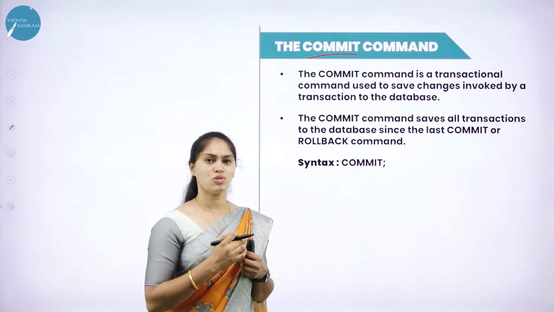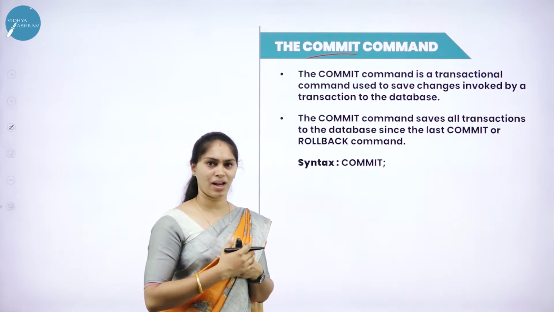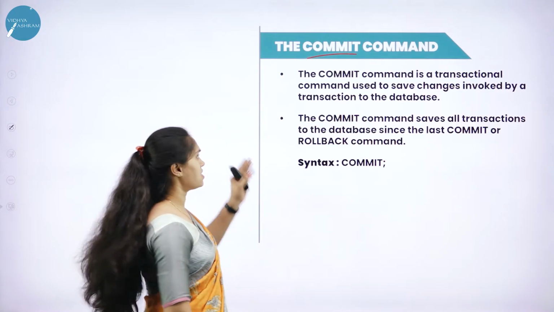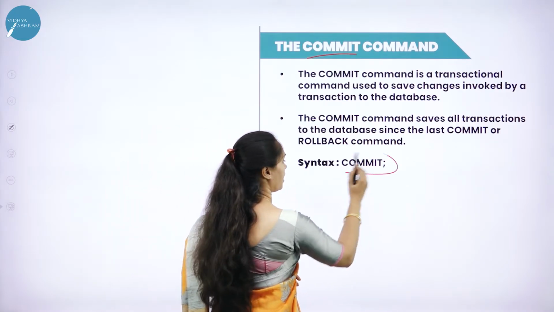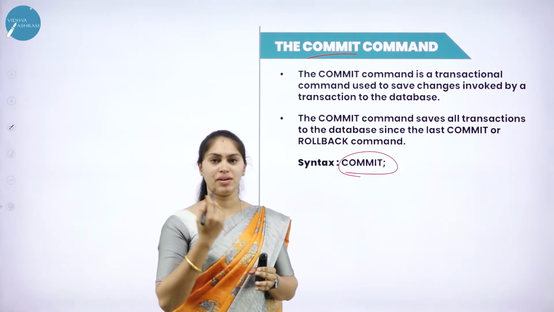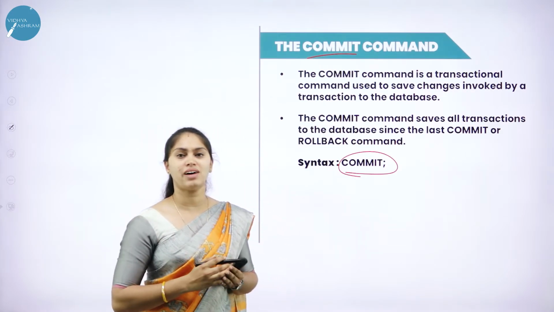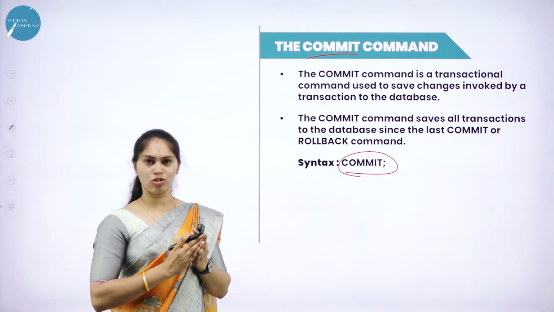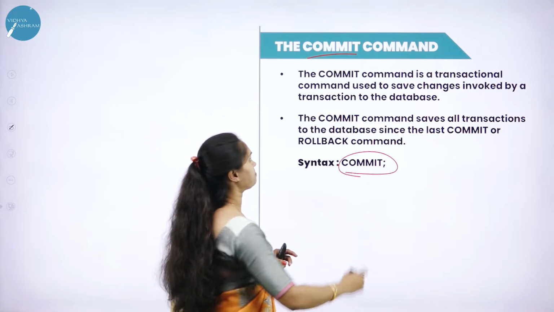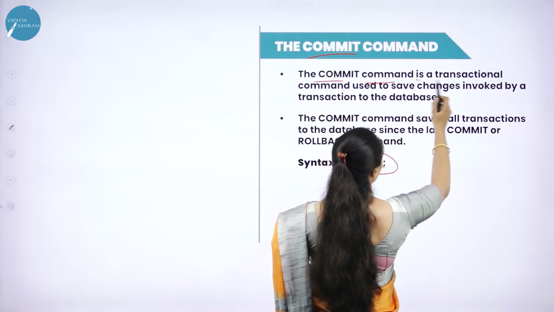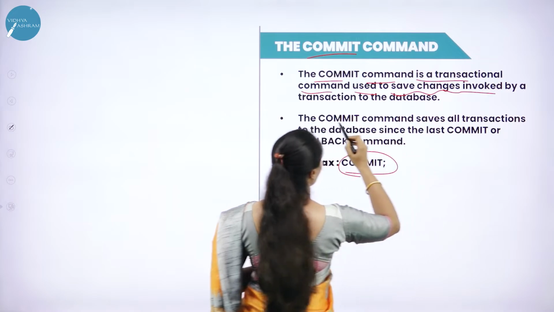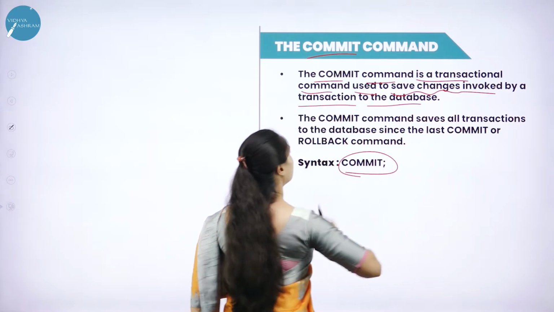Then what if I want to store all the transactions which I have made by making use of these SQL commands? Then we have to use the command called commit. If I'm creating a table, creating a view, or inserting some values into the table, and I want to save all those things, then we have to use this commit command. The commit command is a transactional command used to save changes invoked by a transaction to the database.